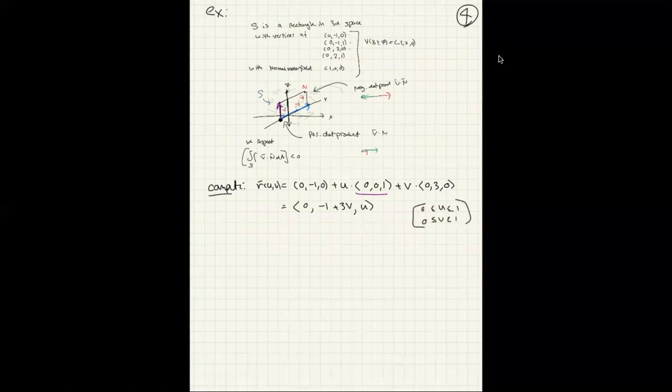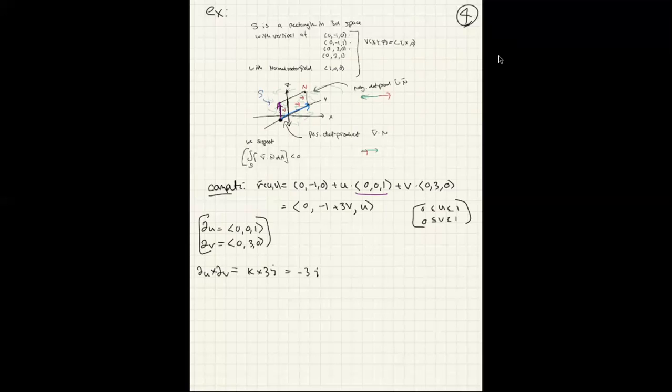All right, so what we always need to do is take partial u cross partial v. Partial u is literally just (0, 0, 1), and partial v is (0, 3, 0). We'll want to take that cross product, and partial u cross partial v is, this is basically k cross 3j, so this should be -3i.